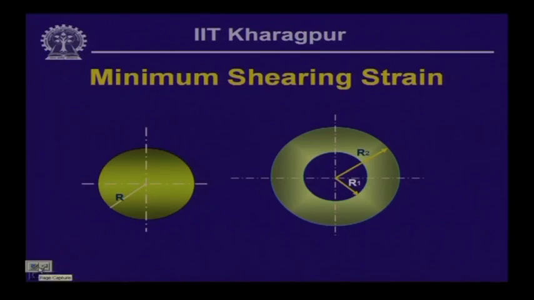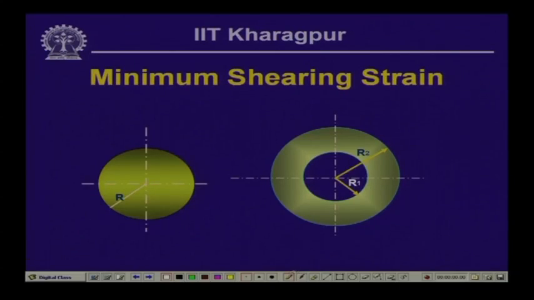Well, now the third question was: what is the value of minimum shearing strain for the solid shaft as well as for the tubular shaft? We have seen the value of the shearing strain gamma is equal to d theta by d x times rho, where rho is the radius of a segment taken out from the solid shaft.